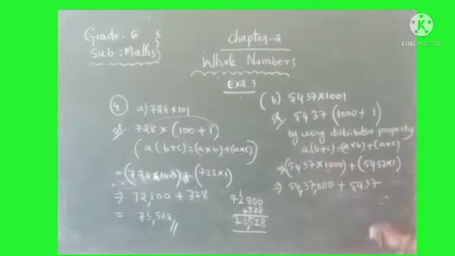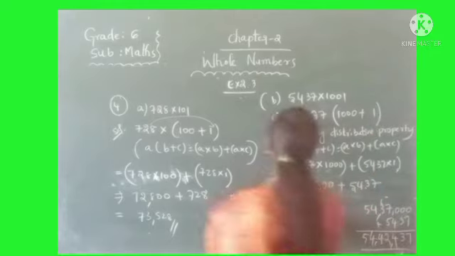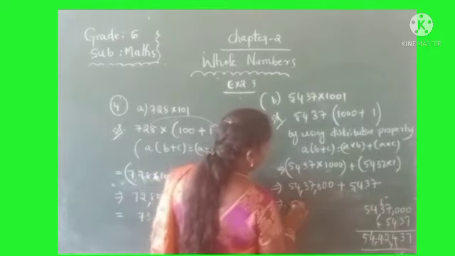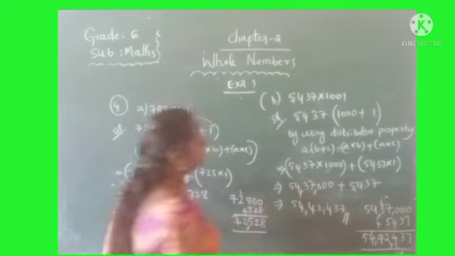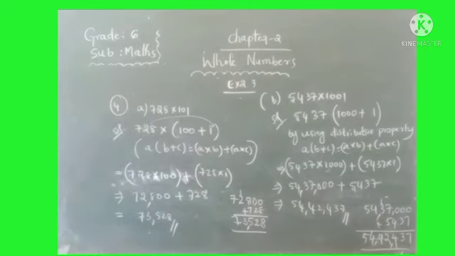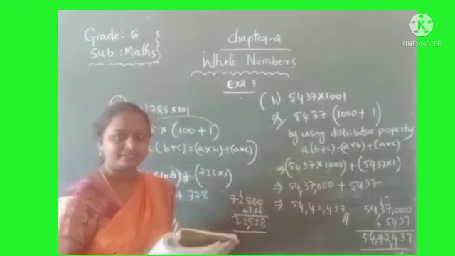We have to add these two numbers: 54,37,000 and 5,437. Add these two: 7 plus 7 is 14, 3 plus 3 is 6 plus 1 is 7, 4 plus 4 is 8 and 5 is 13, and so on. So what is that? 54 lakh 42,437. Okay, children?